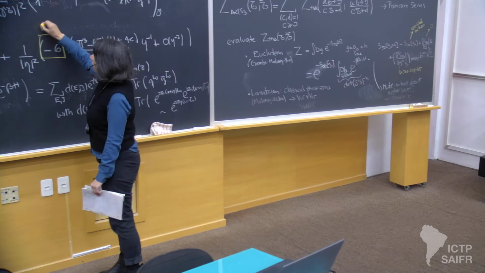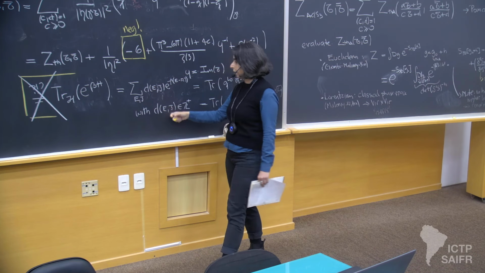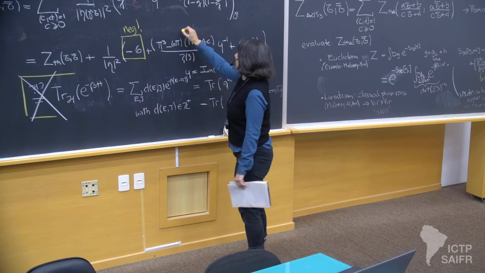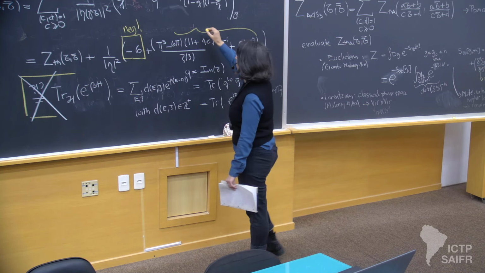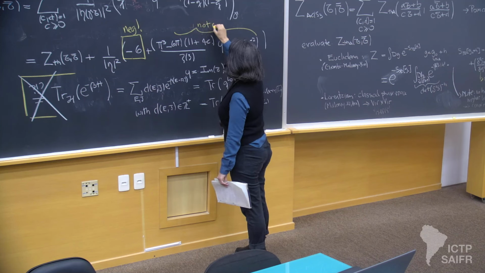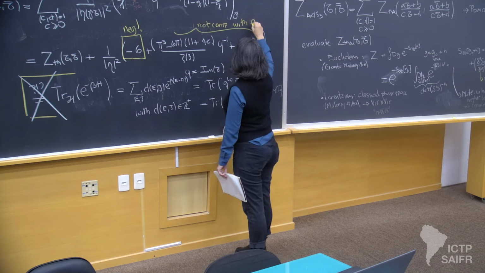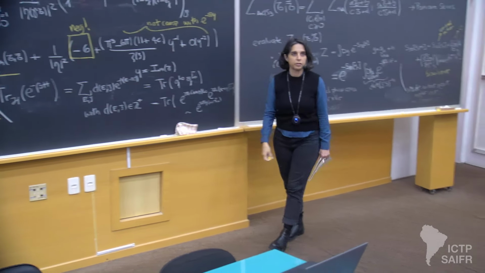So this is negative, which means that it will not look like this. And the reason why I illustrated this part is because this is not compatible with having some type of expansion.